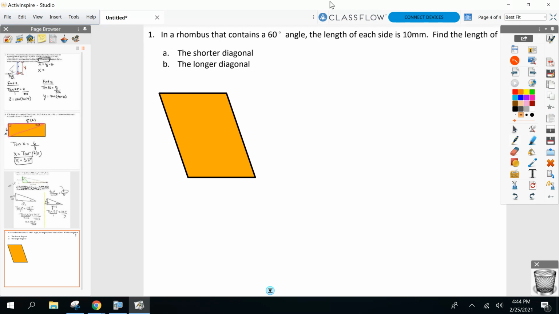Okay, rhombus contains a 60-degree angle. The length of each side is 10. Okay, find the shorter and the longer.